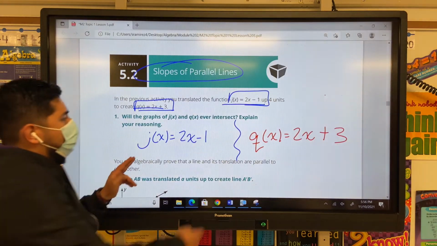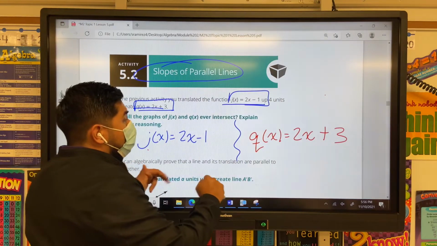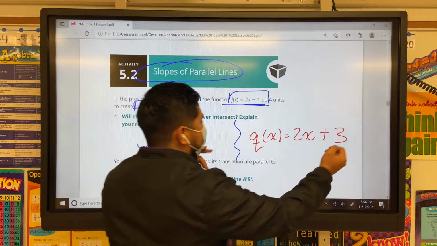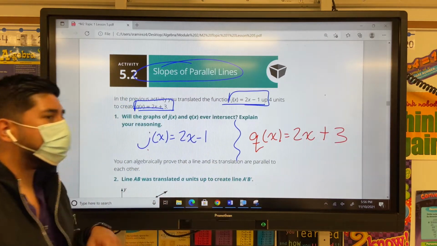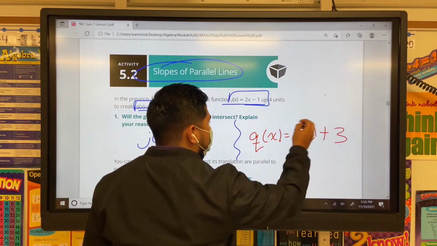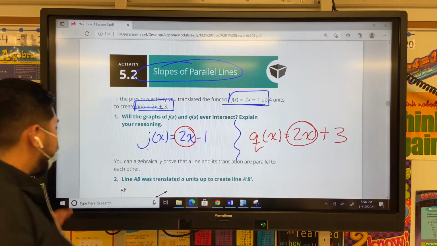Of course, they don't have the same name. Oh, looks like they have the same slope, and they do not have the same y-intercept. So, we got to recognize that they do have the same slope.